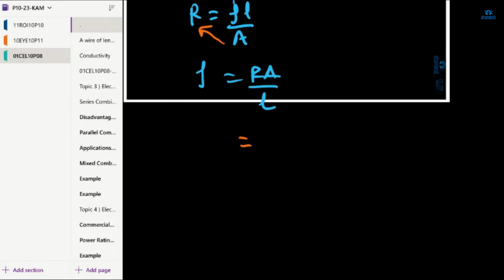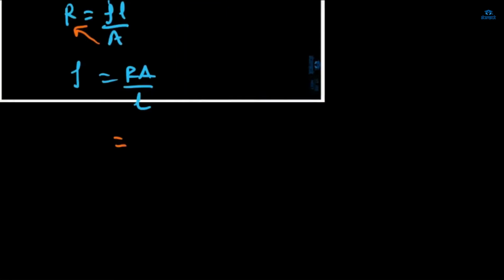It means we can write their SI units. What is the SI unit of R, resistance? Ohm. What is the SI unit of A, area? Meter square. And the SI unit of length? Meter.